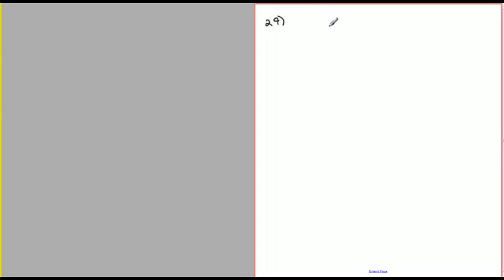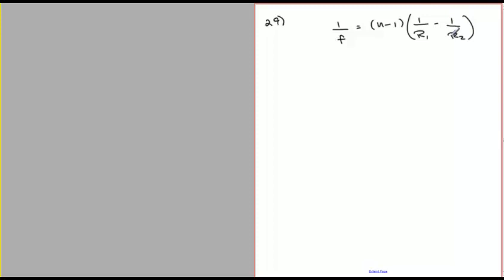Okay, so this is equation 23.12. 1 over the focal length of the lens is n minus 1, where n is the index of refraction of the glass, times 1 over R1 minus 1 over R2.